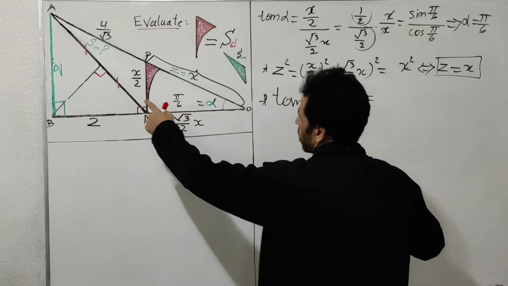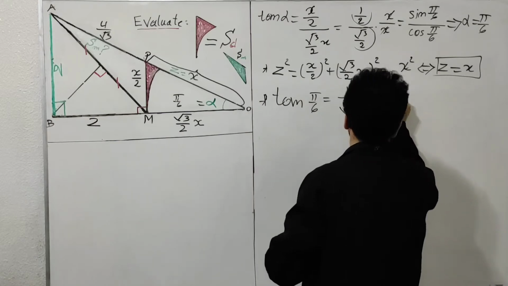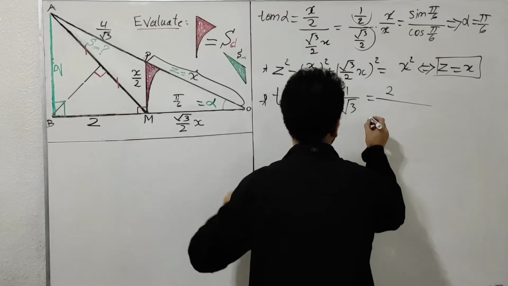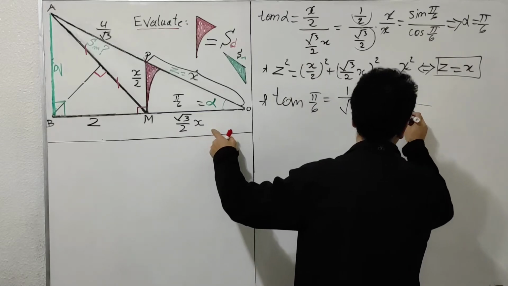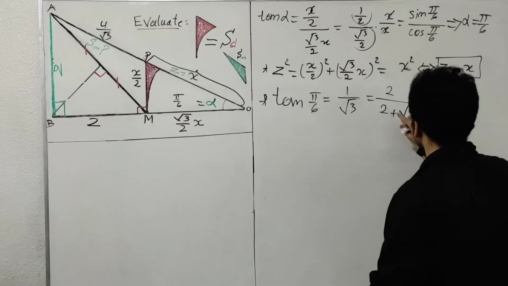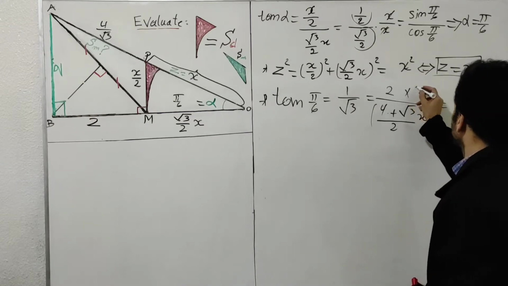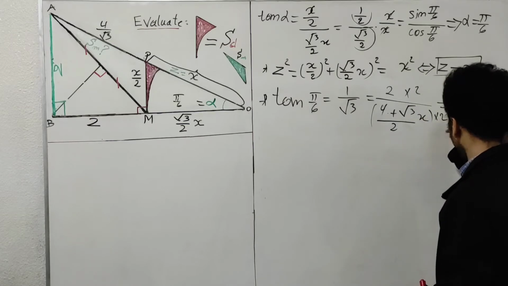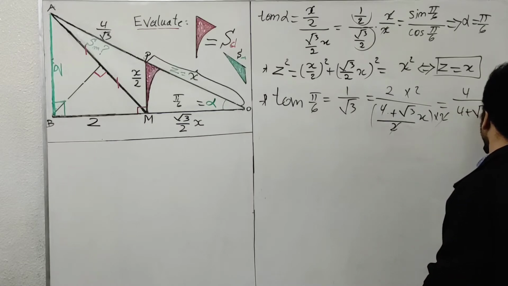Opposite is 2, adjacent is 2 plus this distance, which is square root of 3 over 2 x. By simplifying this, I'm going to multiply numerator and denominator by 2, so these two will be cancelled out. I will get 4 divided by 4 plus square root of 3 x.